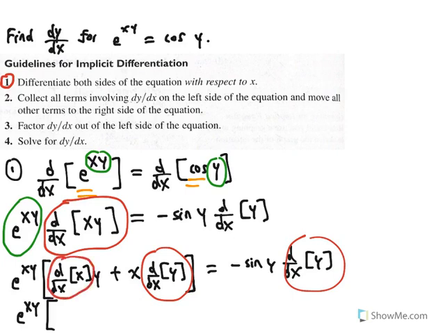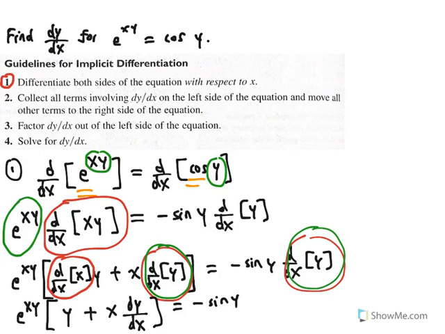So that gives us 1 times y, or just y, plus x times dy dx. Once again, this is what we're looking for. And that's equal to negative sine y times dy dx. Once again, this is what we're looking for.